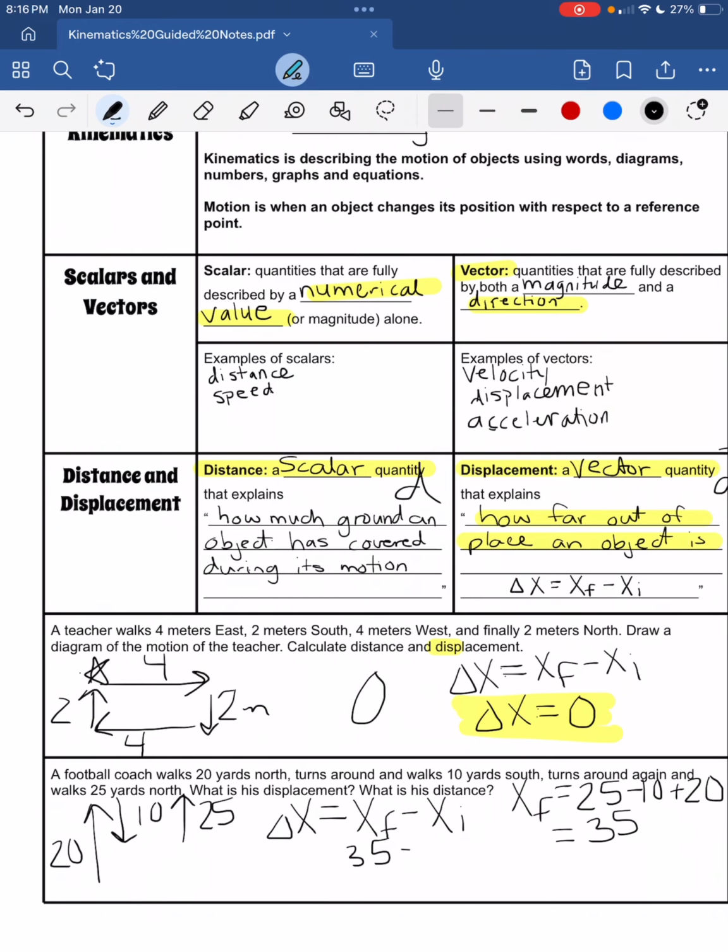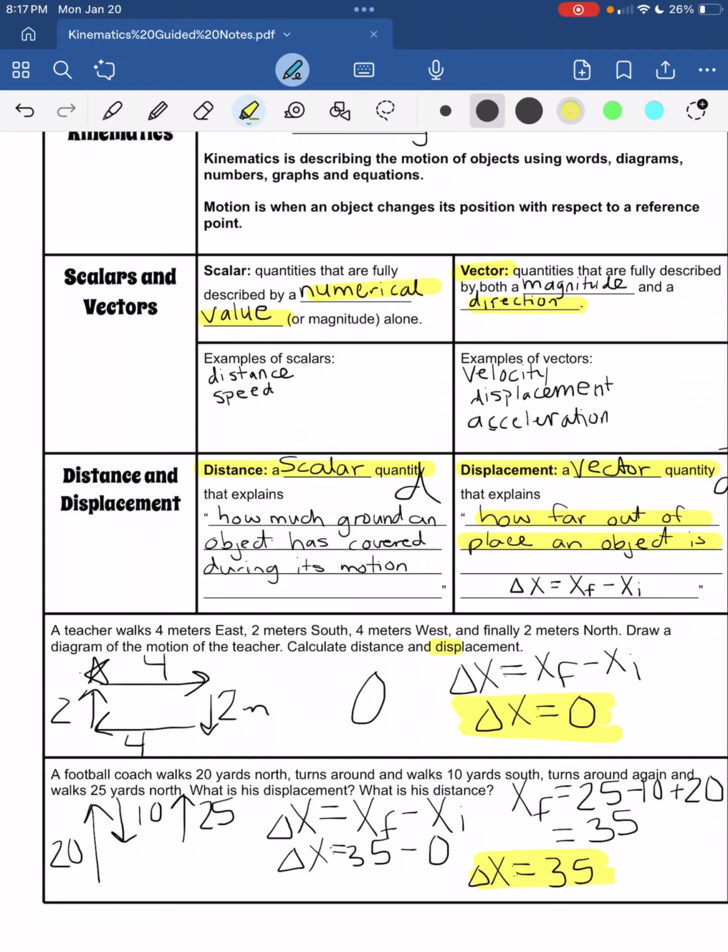We'll call his initial position 0. So delta x here equals 35 minus 0, or 35, which is what we found when we did it without the formula on Friday.